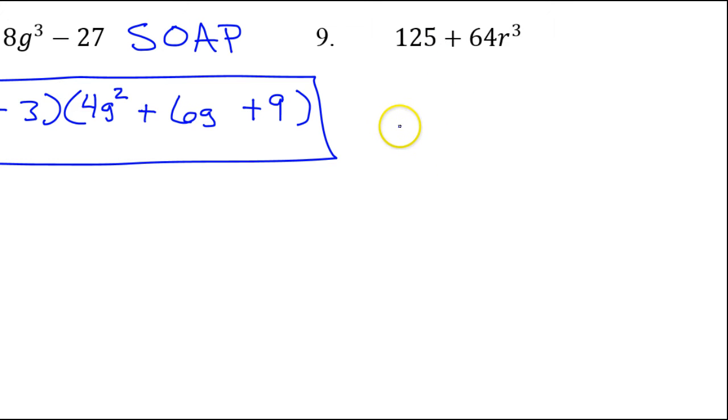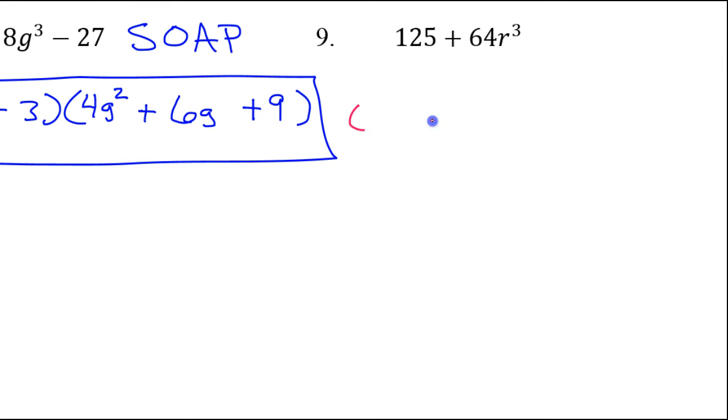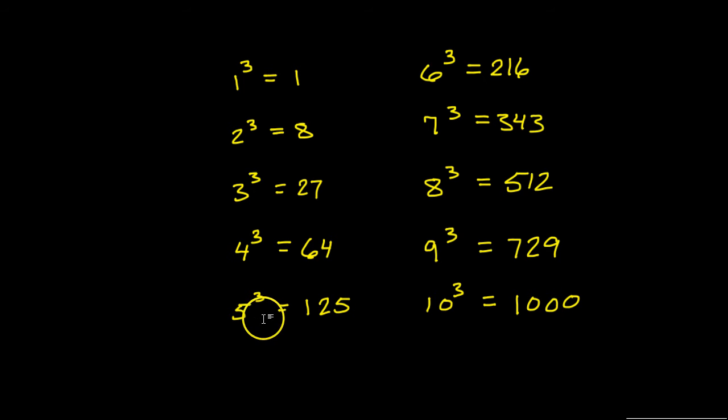So we have just reviewed the fact that this is going to be a binomial times a trinomial. The binomial is just going to be the cube root of each of these. The cube root of 125 is 5, the cube root of 64 is 4.